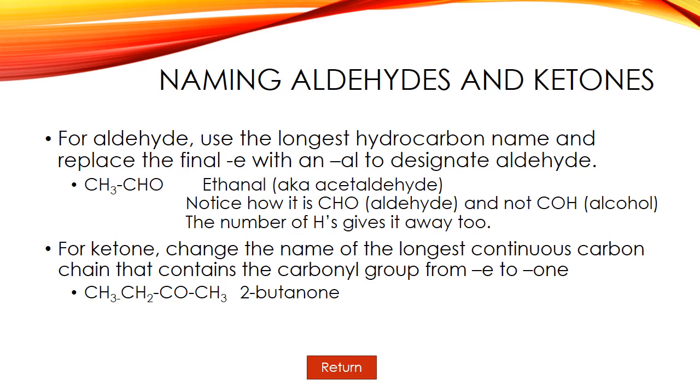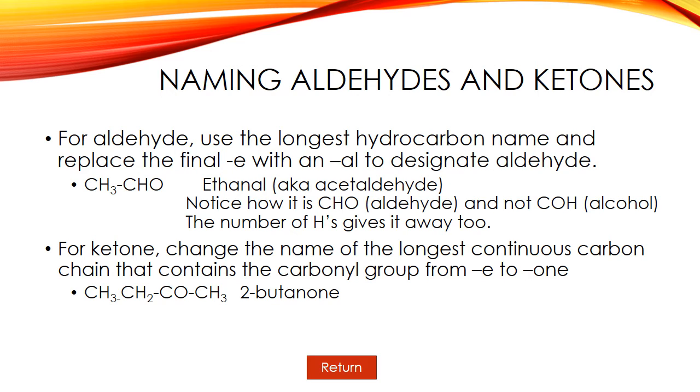Now if it's a ketone, you change the name of the longest continuous carbon chain, instead of ending in E, to ending in ONE, O-N-E. So here I have a 4 carbon chain, CH3, CH2, CO, CH3.